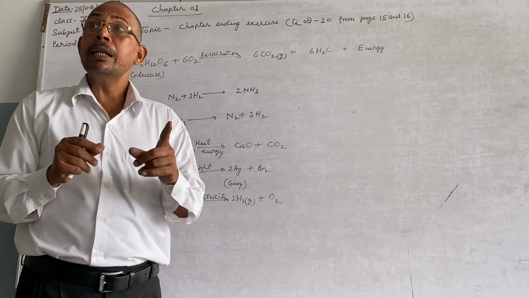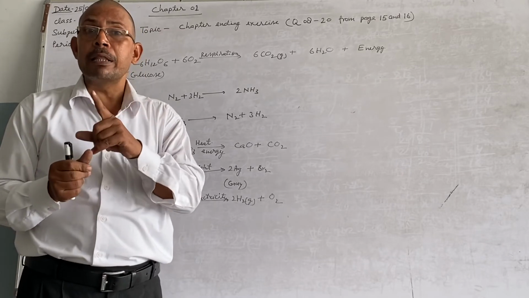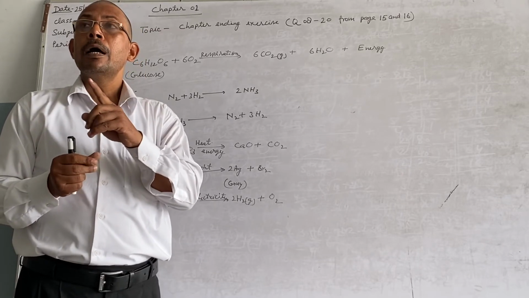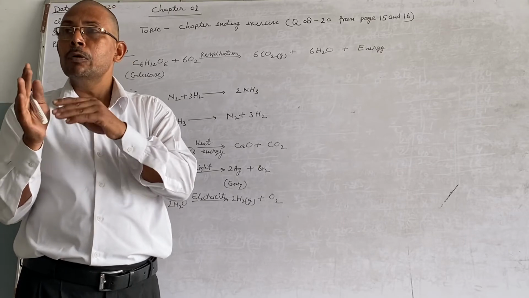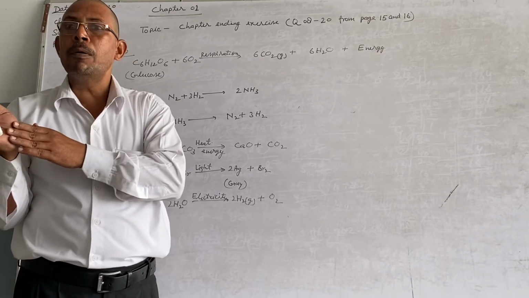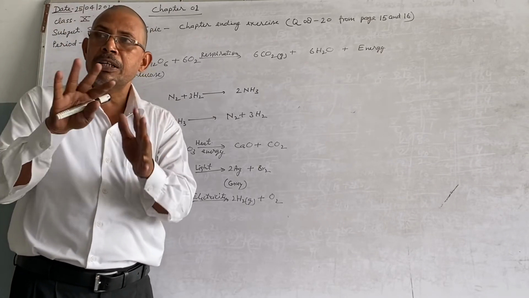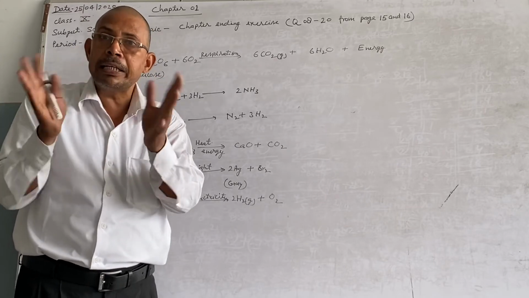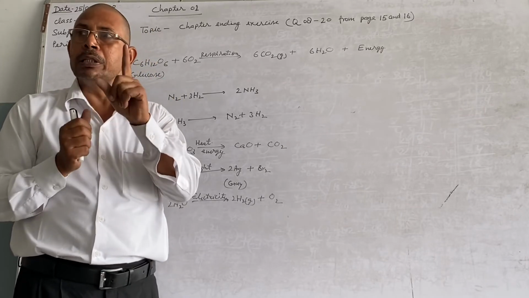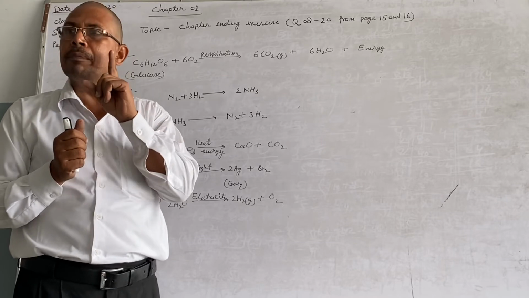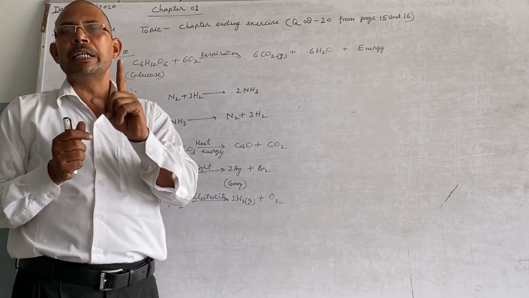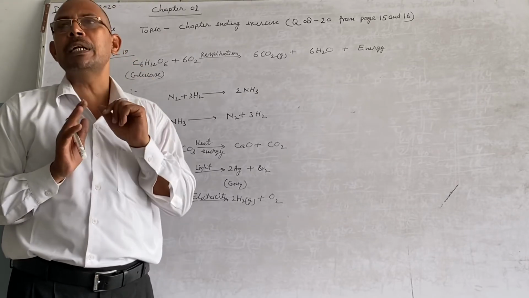Whereas in a double displacement reaction, new chemical substances are formed because of exchange of ions between the reacting substances. So this is the basic difference between a displacement reaction and a double displacement reaction.